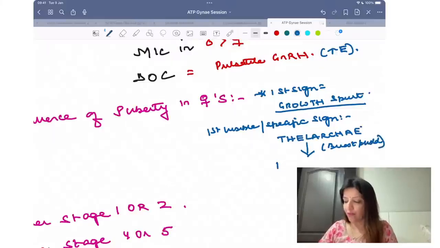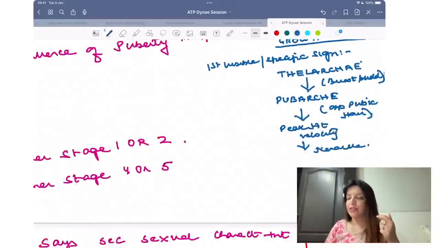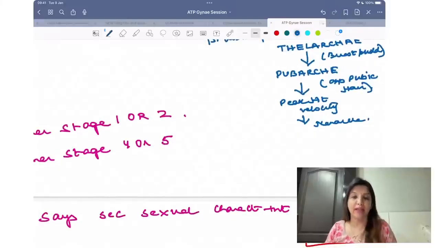Then you are going to have pubarche, which is the appearance of pubic hair. Then you are going to have peak height velocity. And then there is going to be menarche, right? What is the first sign of puberty in males? It's testicular enlargement.